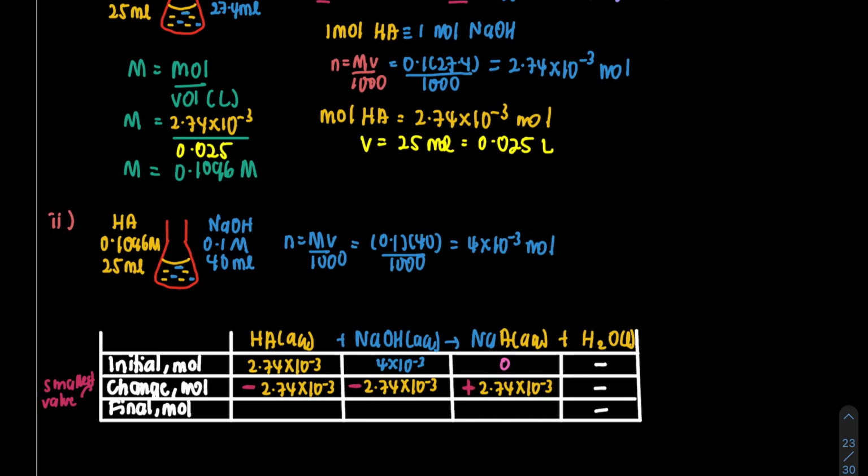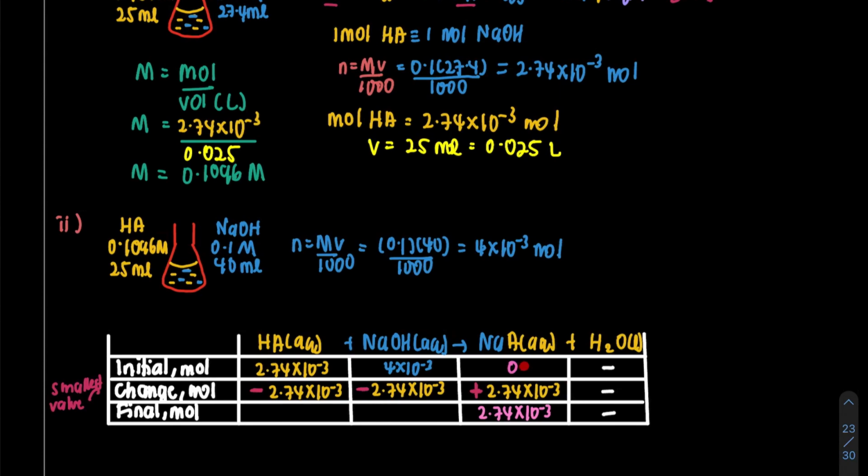For the NaA aqueous, our salt here, the value will be the same since it's 0 plus. This one you have to calculate yourself. The answer will be 1.26 exponent -3. This one will become 0. So what we have left is the NaOH solution, the mole is 1.26 exponent -3, and our aqueous solution 2.74.